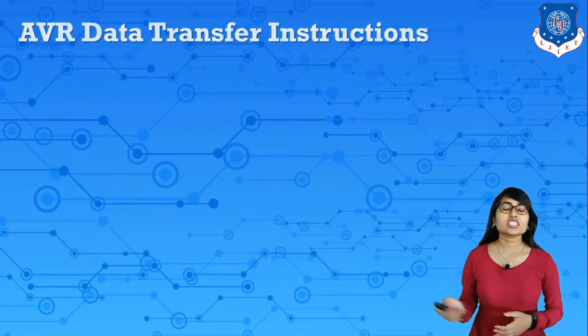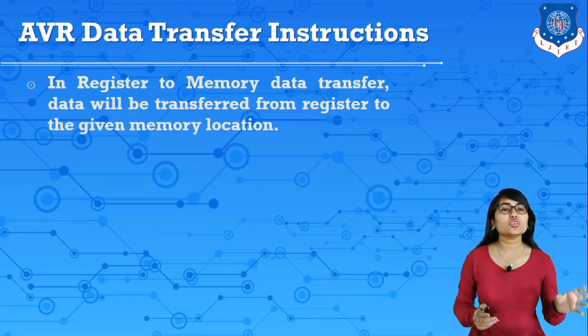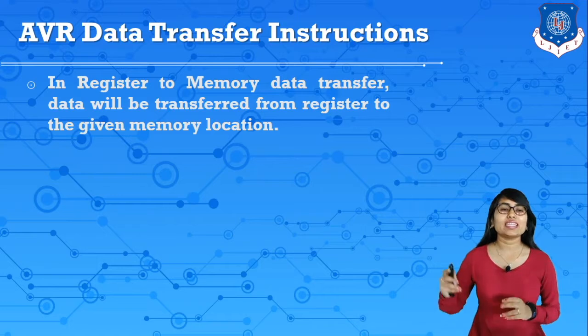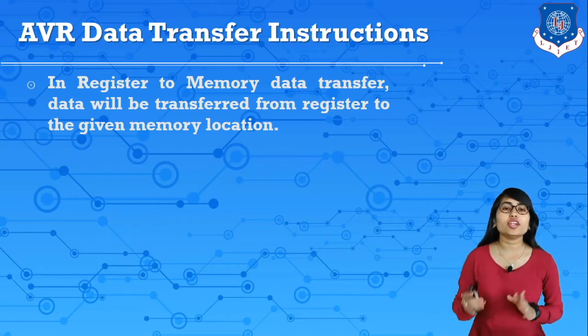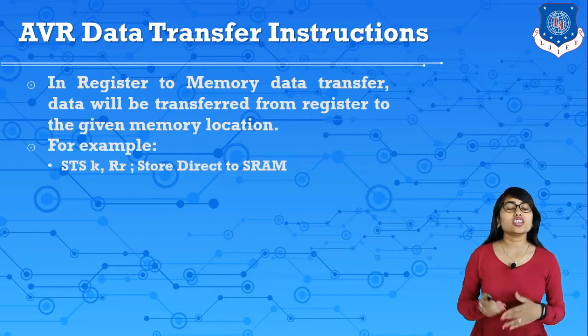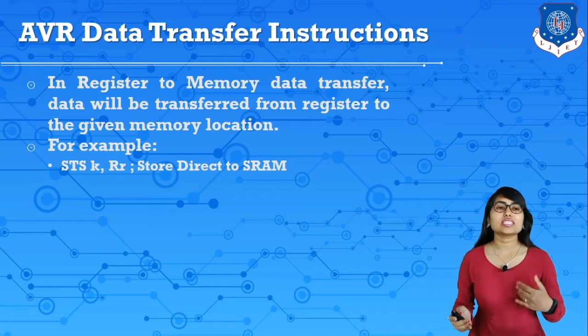Then next, register to memory data transfer occurs from a register to a given memory location. For that we have the instruction STS, which stores data in SRAM, or basically in RAM.